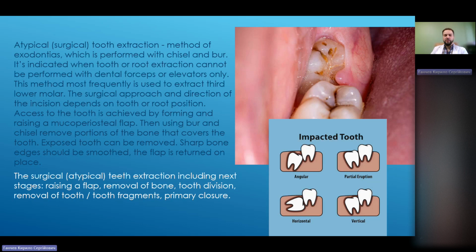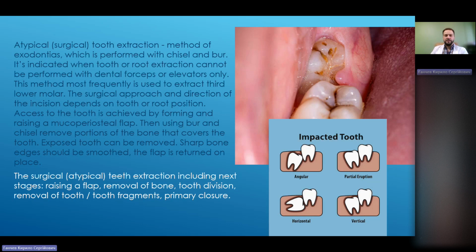The surgical approach and direction of the incision depend on tooth and root position. Access to the tooth is achieved by forming and raising a mucoperiosteal flap. Then, using bur and chisel, remove portions of bone that cover the tooth. The exposed tooth can be removed.